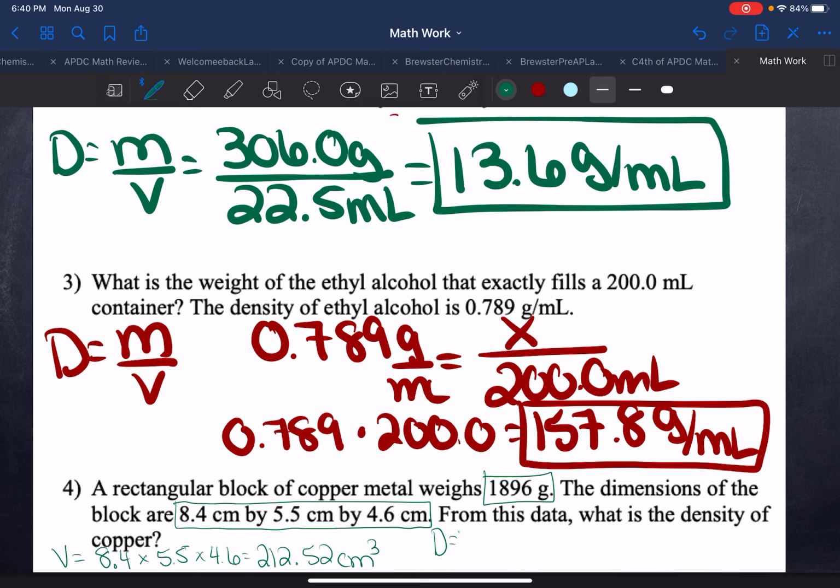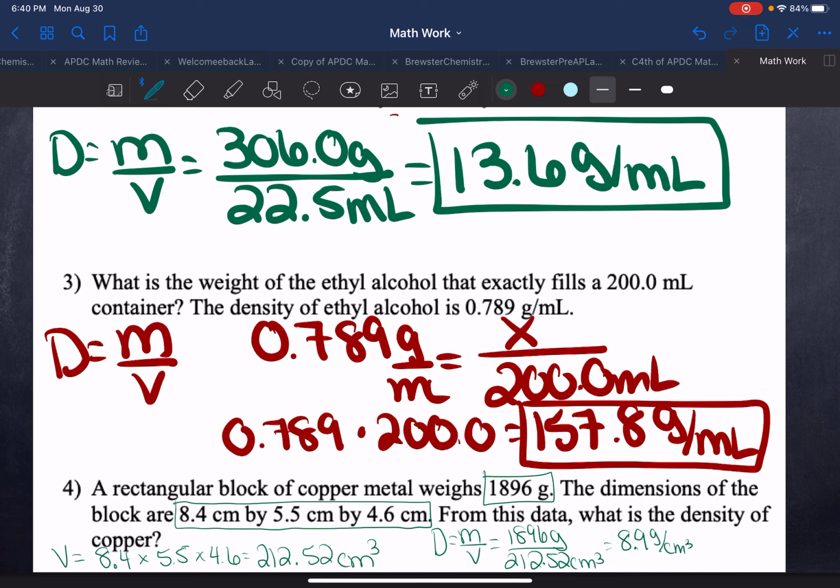Now I have everything I need. Back to density equals mass divided by volume. My mass is 1896 grams. My volume is 212.52 centimeters cubed. And I perform my calculation. And I get 8.9. Now, I think that's a great answer, but it's not right.